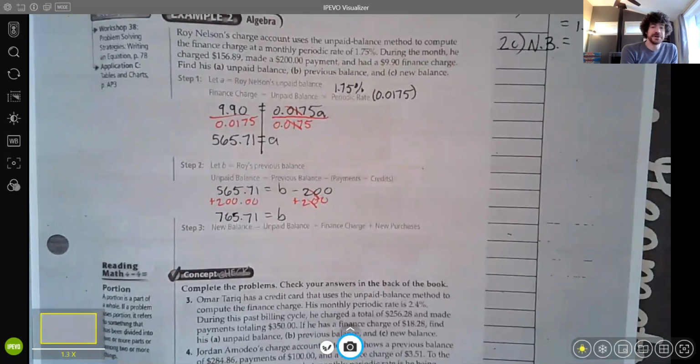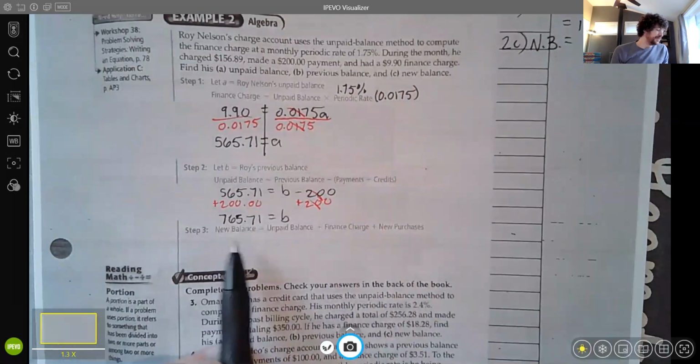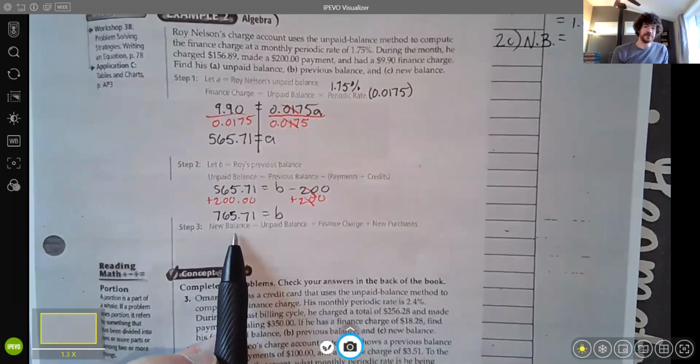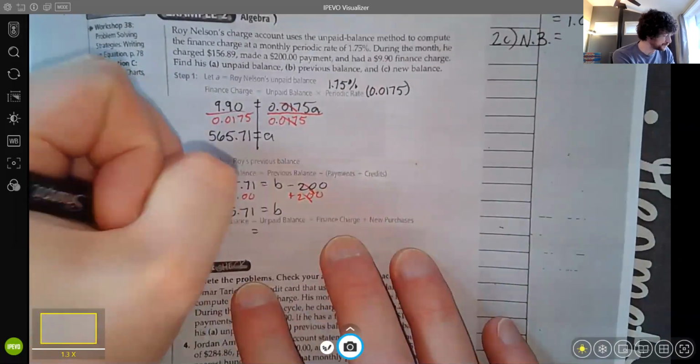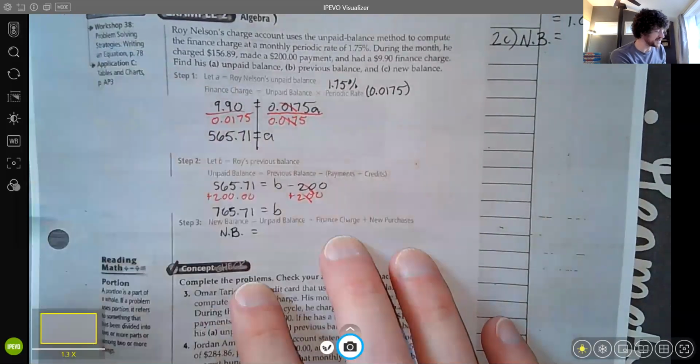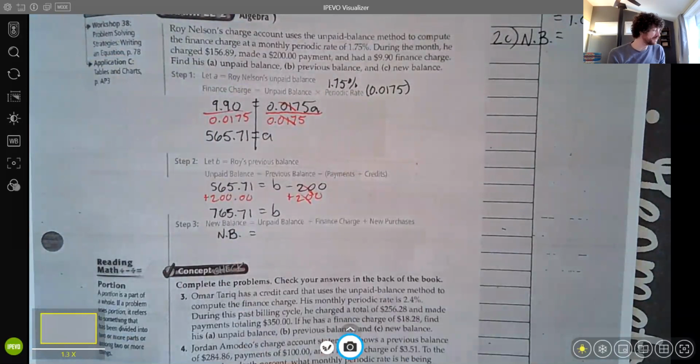All right, now the last part here is to calculate C, the new balance. The new balance, we're just going to be able to use the regular formula for this one, it looks like, and it also doesn't tell us to use a variable, so it's suggesting that there's no algebra on this one.